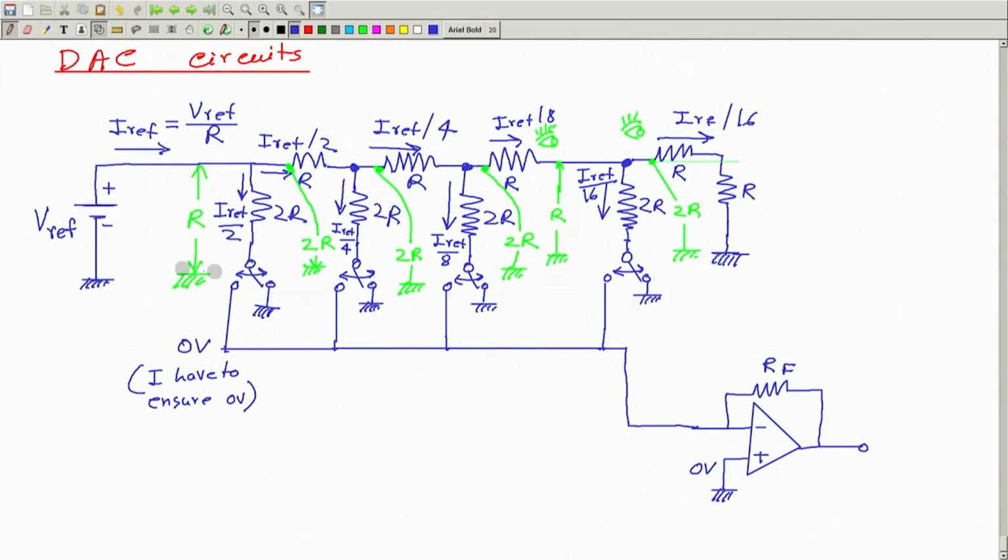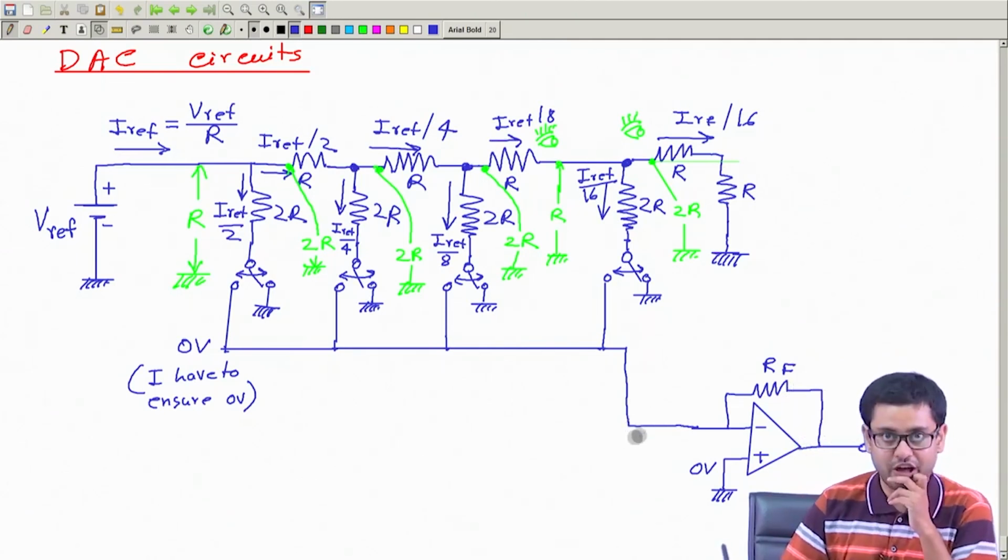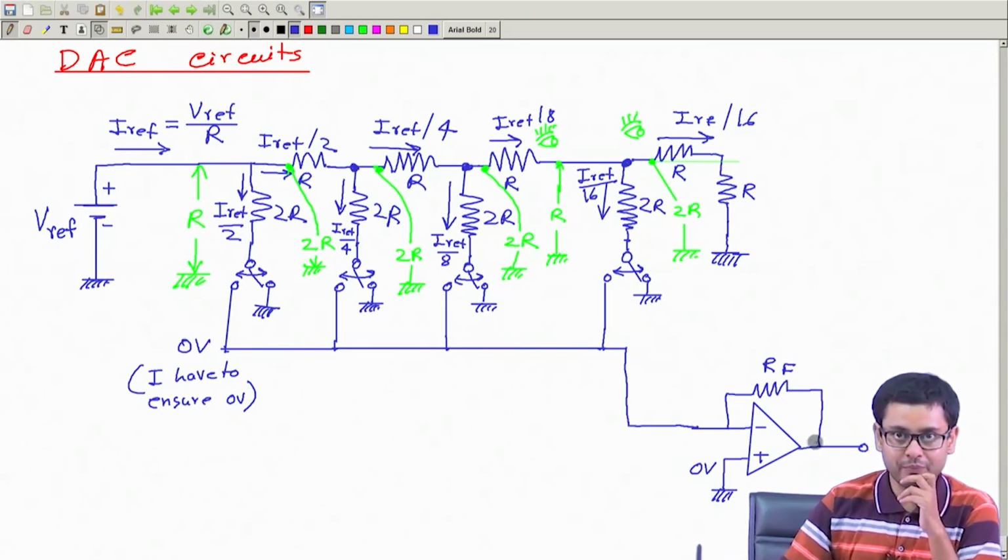So everything here must lie between 0 volt and this VDD. There is no negative potential at all. So all the potentials in this part of the circuit will definitely be between 0 and VDD, positive. So this circuit will try to increase the potential at this point to some positive value. And if it is increased to some positive value, then the output of the op amp will try to go down.